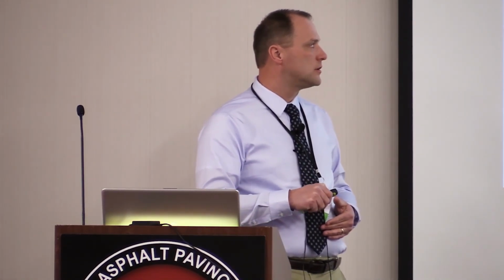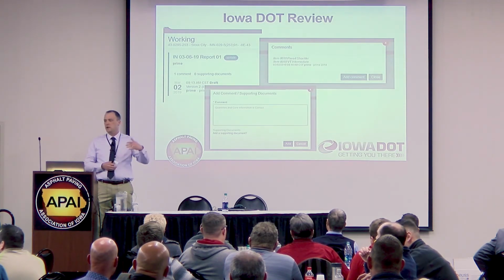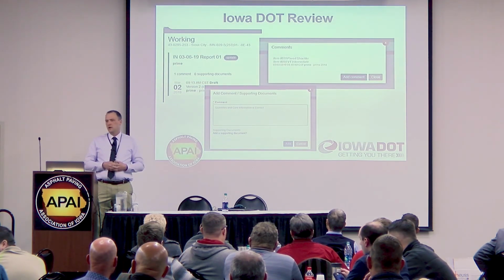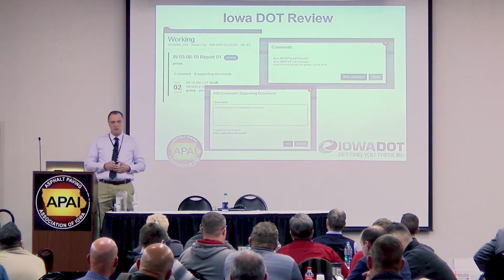So if they can put a comment in here that everything looks good, then the DOT inspector, the grade person, will be the one that would submit it. This example here would be more that the DOT inspector, the person on the grade, was able to say the quantities and core information is correct. Now the materials person, once they get their review done, can publish it. It really is a little bit of who's able to get things completed first and trying to be as efficient as we possibly can.